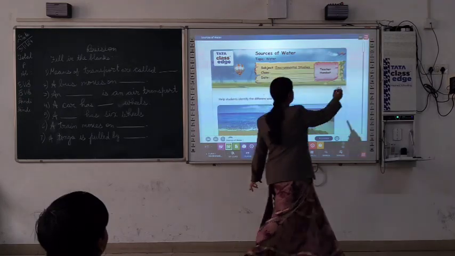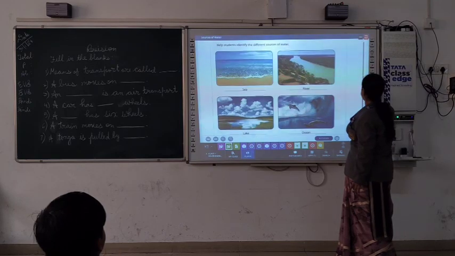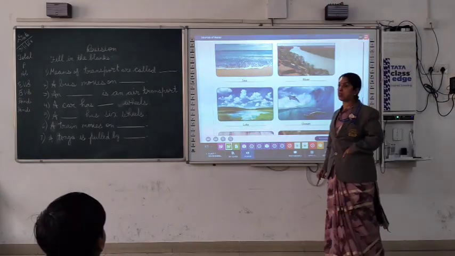Now see class, these are the different sources of water. You can see these pictures because then it will be easy for you to solve the worksheet.